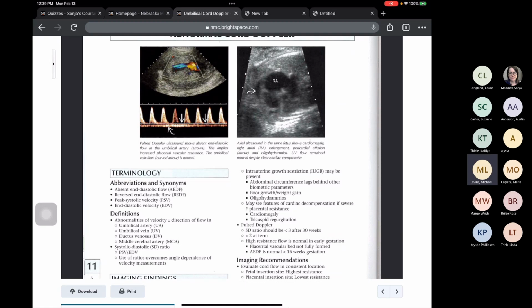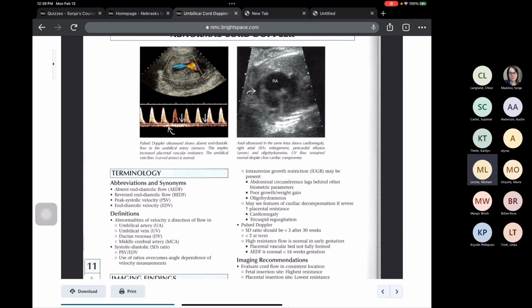If we're looking at these drawings, the one on the left shows a normal umbilical artery flow, systolic over diastolic ratio. It should be less than 3 after 30 weeks of gestation, and it should be less than 2 towards term. If it's higher than 3, or higher yet, it means high resistance.